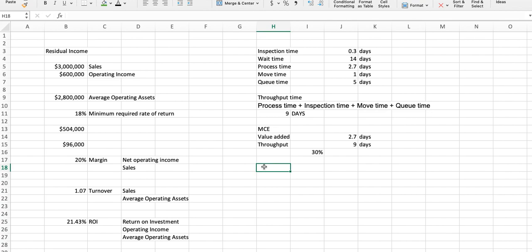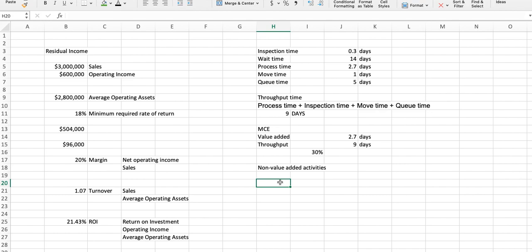And then it asks us what percentage of throughput time was spent on non-value added activities. And so we want to look at the definition. How do we define that? And again, kind of see why it's really important that we get this information correct. The way this works is if 30% of throughput time was value added, then 70% is going to be non-value added.